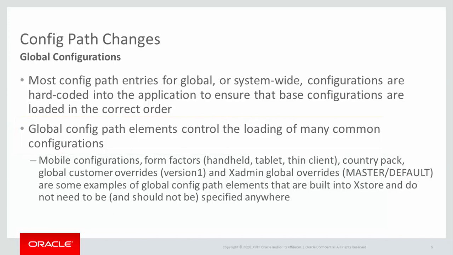Mobile configurations, form factors, such as handheld, tablet, or thin client, country path, global customer overrides, such as version 1, and xadmin global overrides, such as master default, are some examples of global config path elements that are built into XStore and do not need to be and should not be specified anywhere.